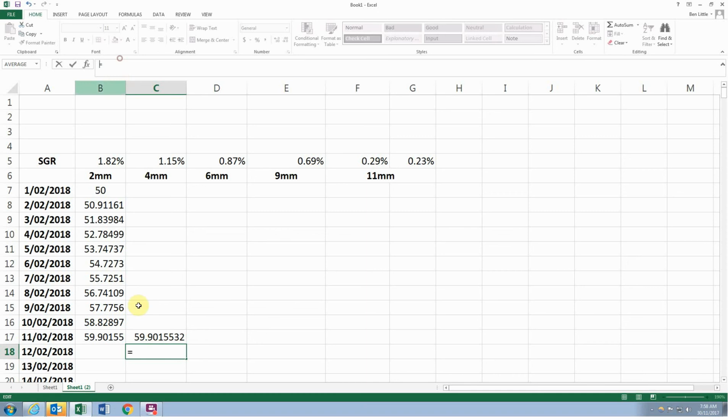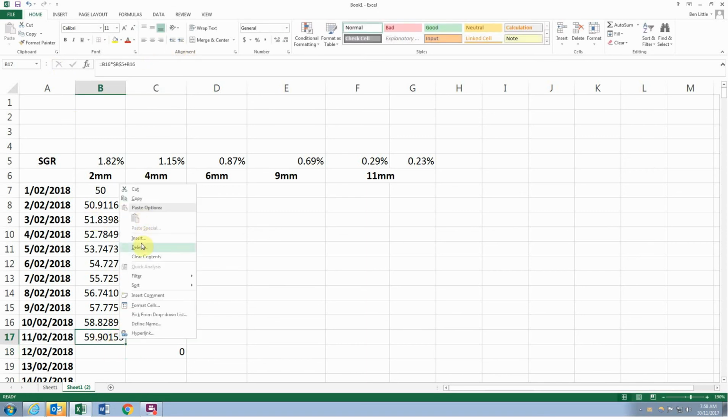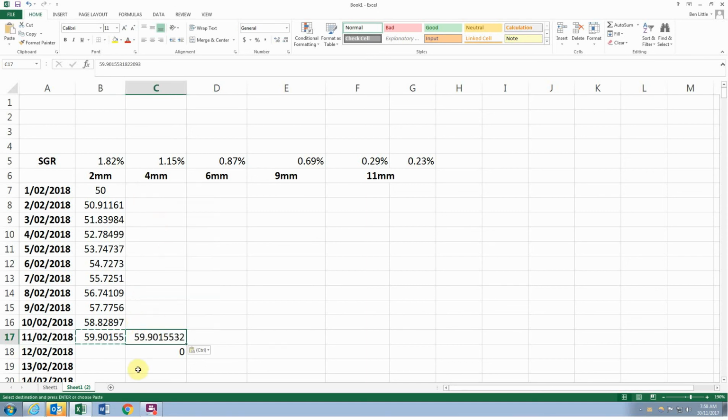Equals this, sorry, equals this, not going to work. Equals this multiplied by this plus this.